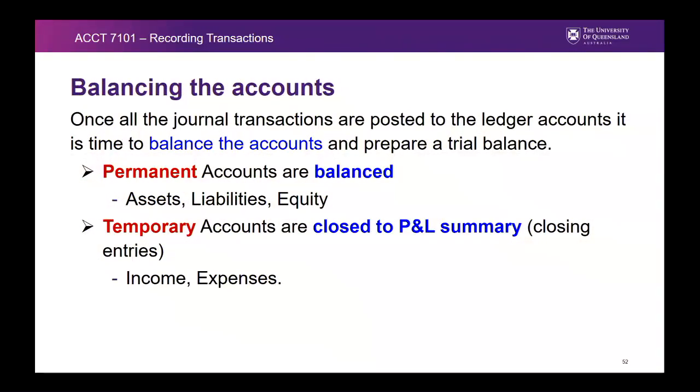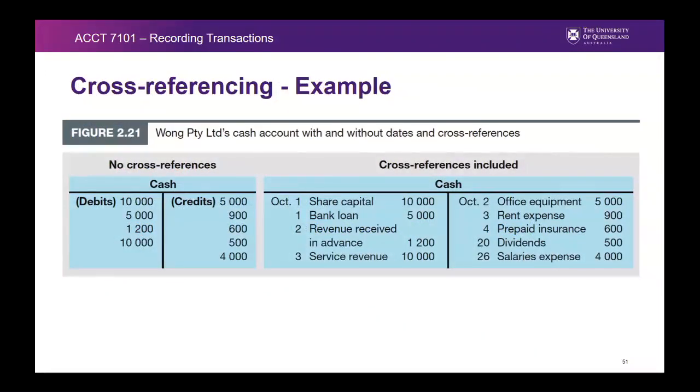When we create our ledgers, we do what's called balancing. We add up all the debits and we add up all the credits, and we have a balance at the end. We have 2 types of accounts as well. We have asset, liability and equity accounts, and we have income and expense accounts.